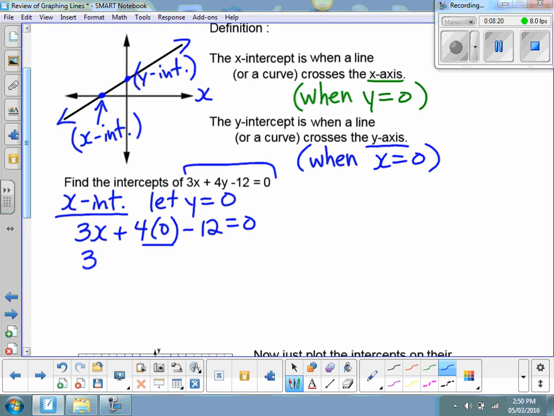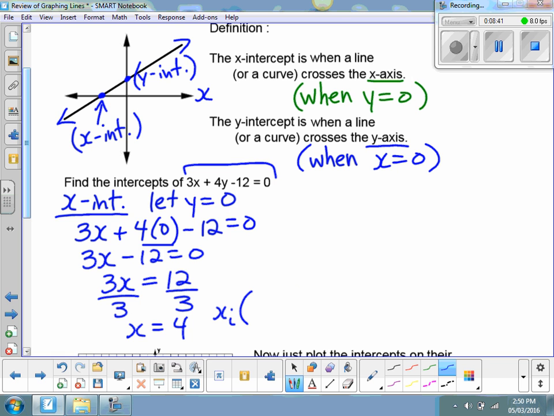So I end up with 3x minus 12 equals 0. I'll move that minus 12 to the other side, and it will become plus 12. Then I'm going to divide both sides by 3, and I end up with x equals 4. So that means the coordinates of the x-intercept are 4, 0. Okay?